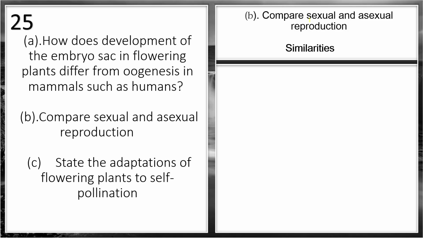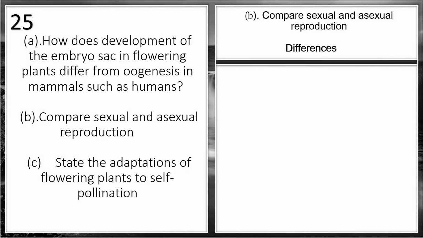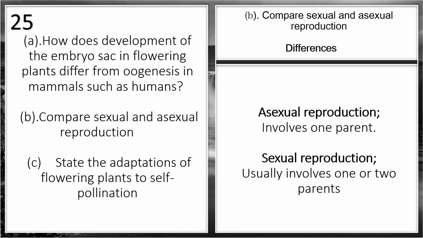Part B. Compare sexual and asexual reproduction. Similarities. In both, there is transmission of genetic material from the parents to their offspring. Differences. Asexual involves one parent.